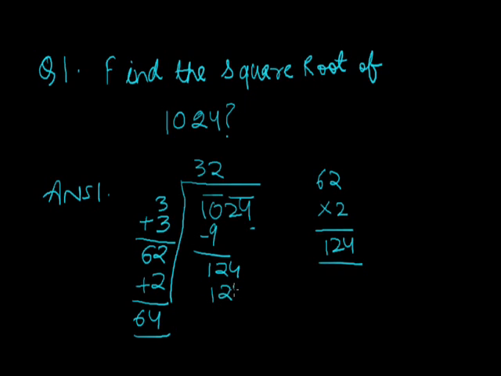This 124 will be cancelled with 124 and the remainder we get is 0. So the condition for getting a perfect square root is that the remainder should come as 0.